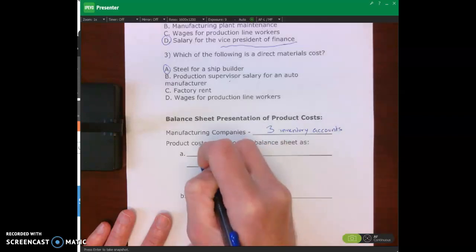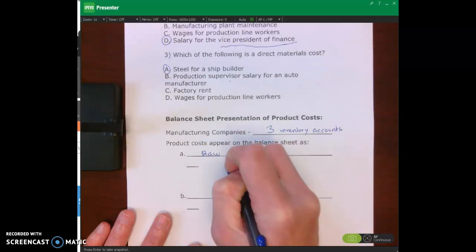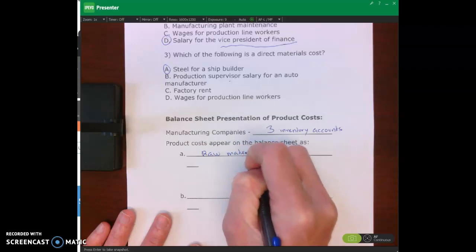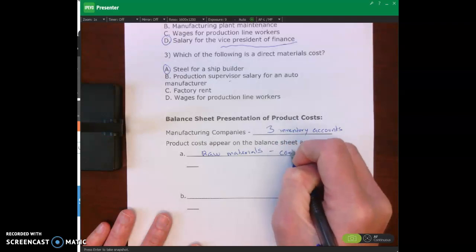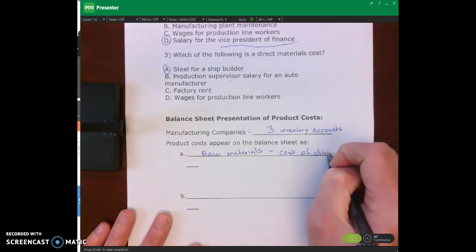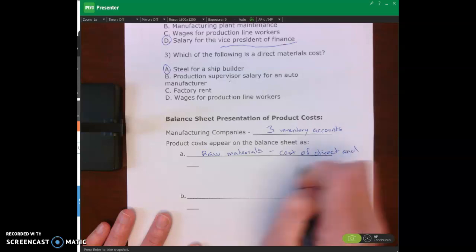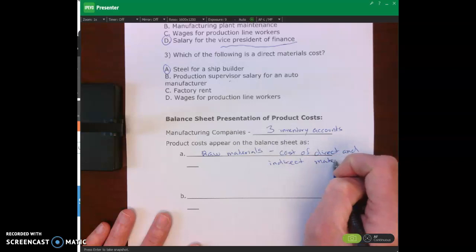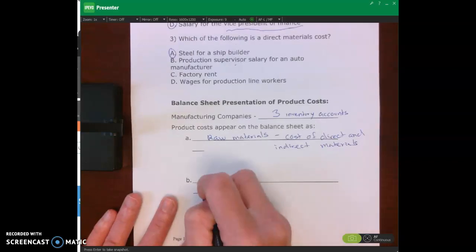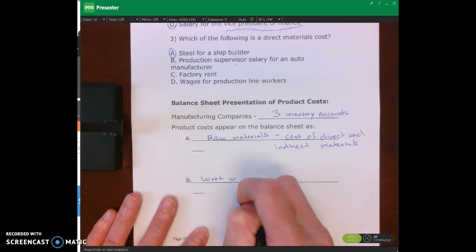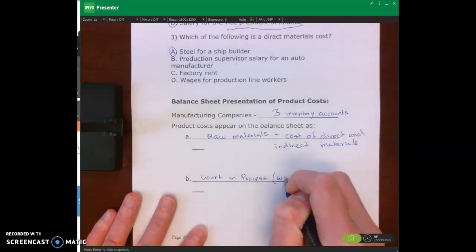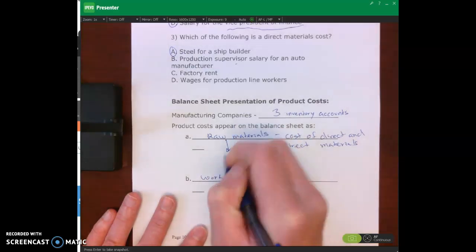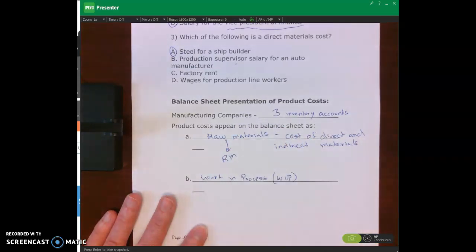The first one is raw materials, which contains the cost of direct and indirect materials. The next one is work in process, abbreviated WIP, and I abbreviate this one quite a bit when I'm writing.